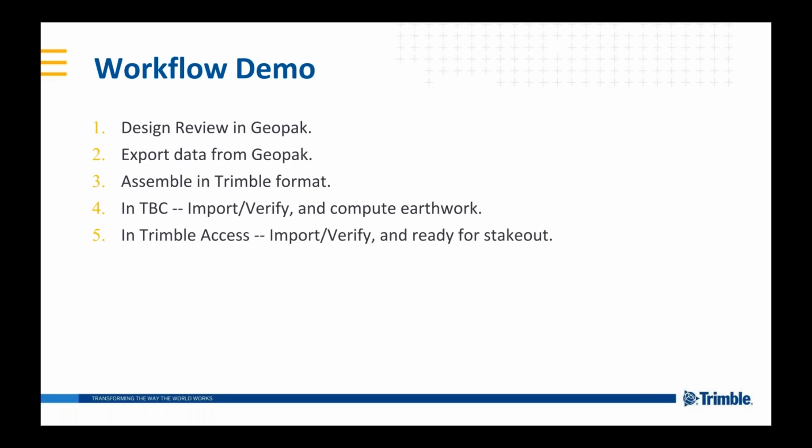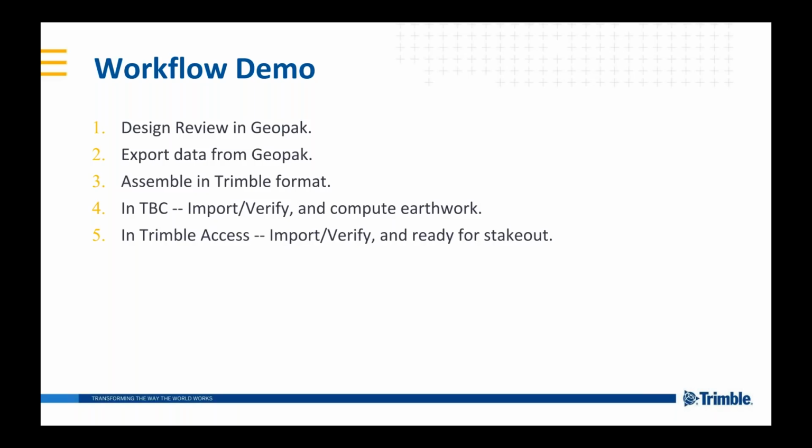And so the workflow we're going to run through here, we're going to go through one of our more traditional cross-section based designs, because we're going to highlight the road XML format in this webinar. So what this workflow looks like in general is we'll go into GEOPAK and do a brief design review, see what we've got, export the data out, put it together in Trimble format.